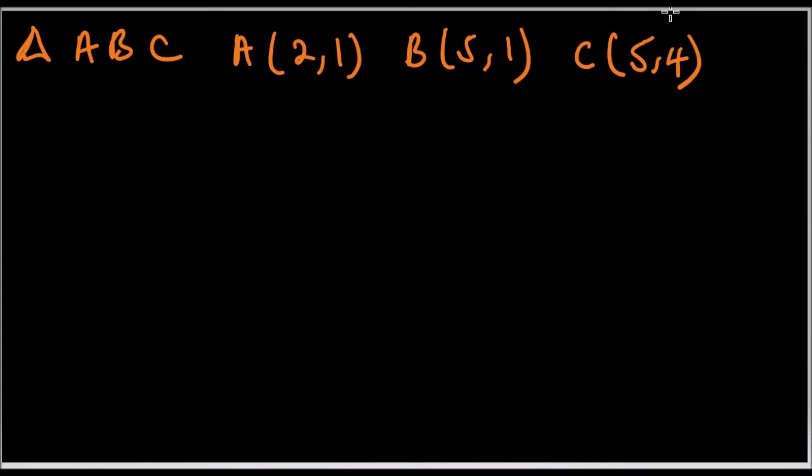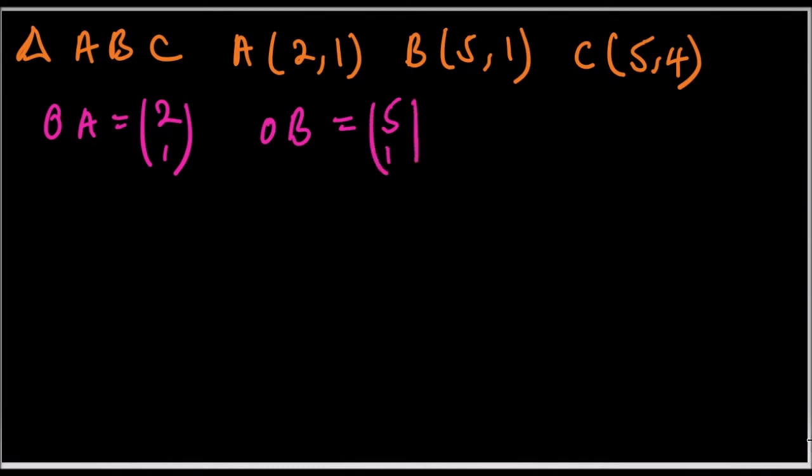We can write the position vectors of A, B, and C. So we can say OA is equal to 2, 1. We just write it in column form. Then we have OB is equal to 5, 1. And we have our OC. These are position vectors. We have 5 and 4.